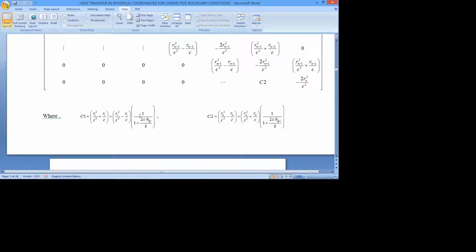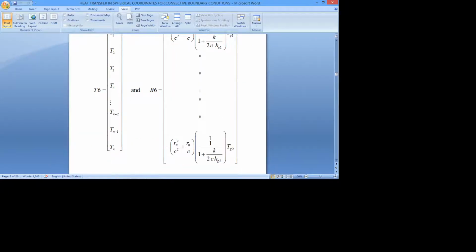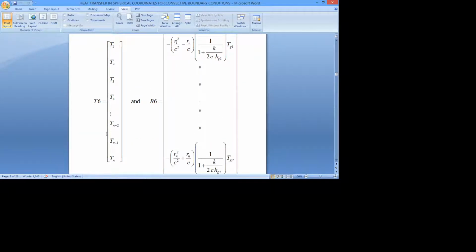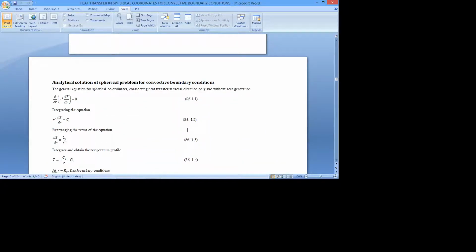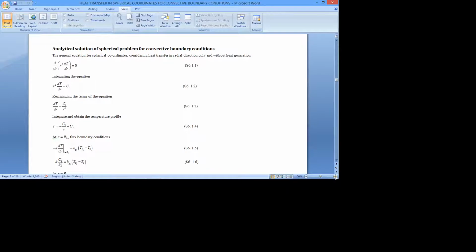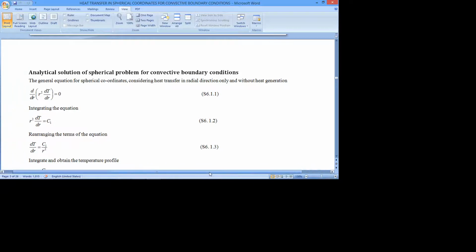This is C2, which also comes from the convective boundary condition at the outer surface. The unknown temperatures are given by this matrix T, T1 to Tn. The boundary condition matrix is given by this: this is the boundary at the inner surface, and this is the boundary at the outer surface. This section shows how we can generate the matrix.